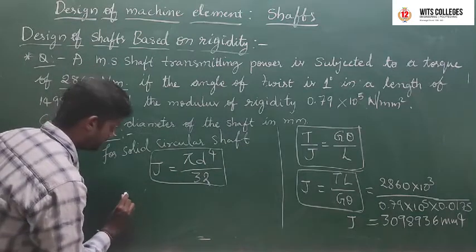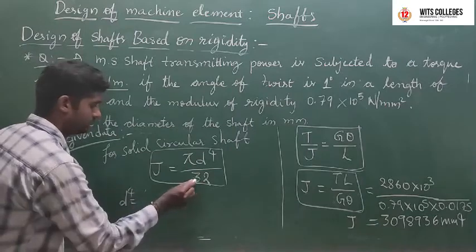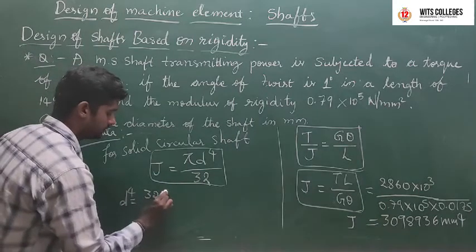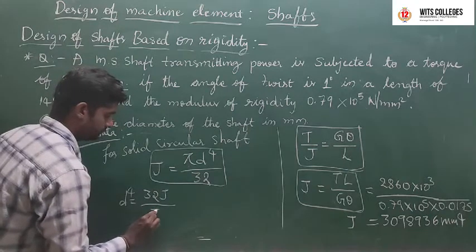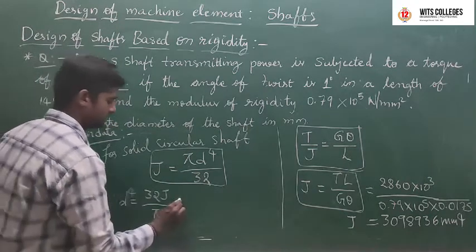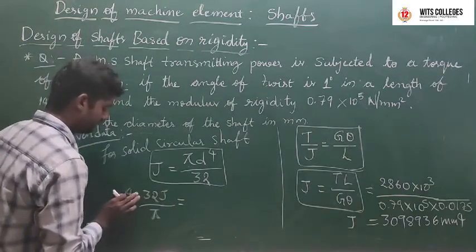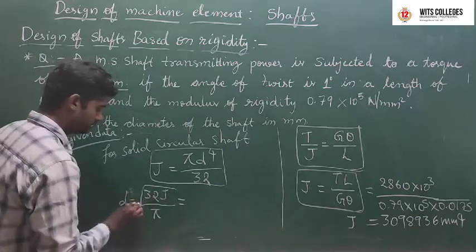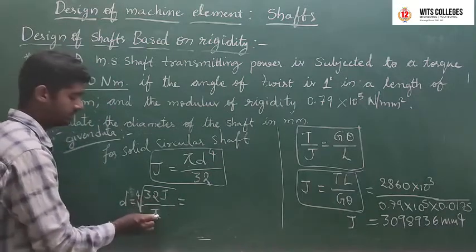D to the power of 4 equals 32 into J by pi, so D is the fourth root of 32 into J by pi.